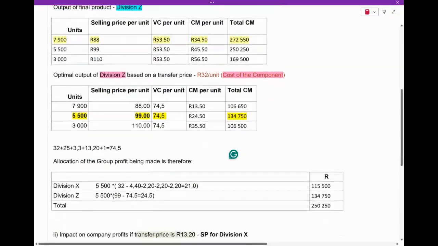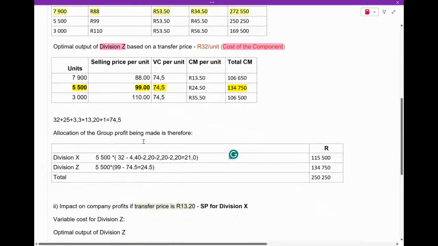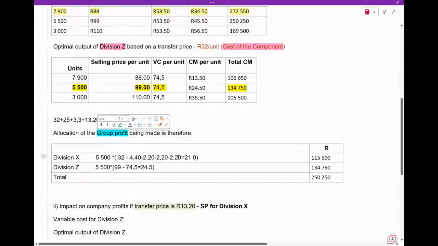Okay, now that we have that, we can now see that this is what we have been trying to calculate this whole time. We've been trying to see what are the profits of the company under the current existing transfer policy. So here are your group profits. Let me highlight this quickly.